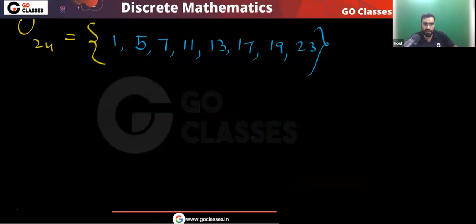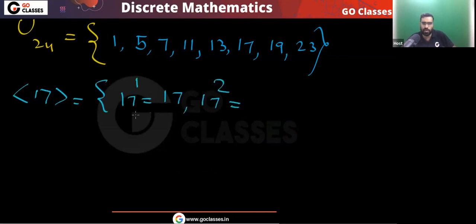Okay, what about the remaining? What can you say about 17? 17 power 1 is 17. What is 17 power 2? Can you check? You can use the calculator. In the GATE exam, there is a calculator.